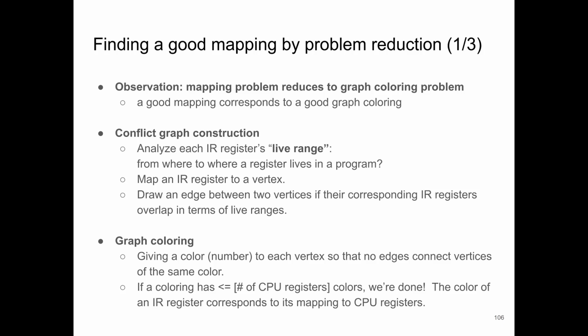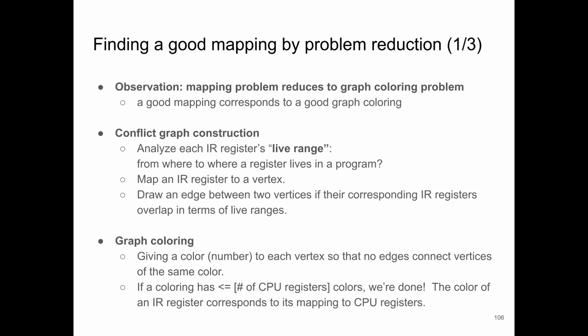So for example, if an IR register is mapped with the color 2, then you can use R2 for the CPU registers. And if a register is colored with a color 4, for example, then the corresponding CPU register should be R4. So if coloring is less than or equal to the number of CPU registers, then we are going to have a very good mapping from IR registers into CPU registers.